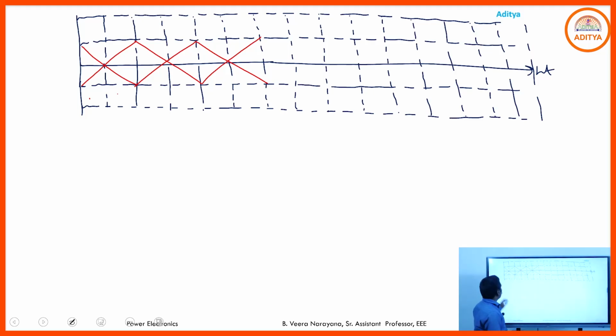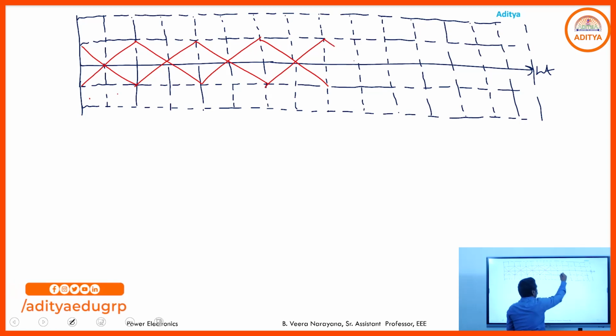After that, you divide the first 4 boxes as a square and put the cross mark. Next 4 boxes, put the cross mark. Next 4 boxes, put the cross mark. Similarly here also, these 4 boxes are considered as a square and you draw the cross.